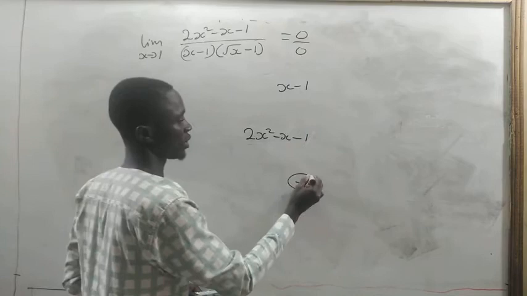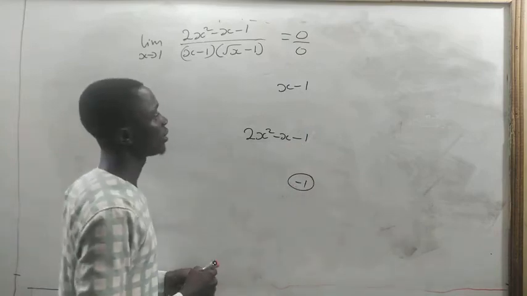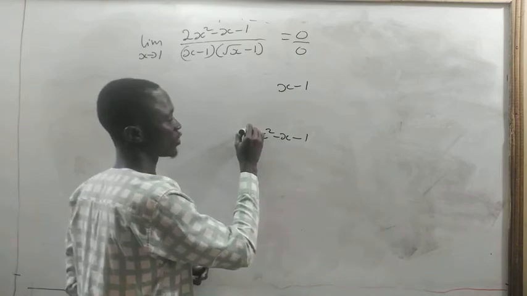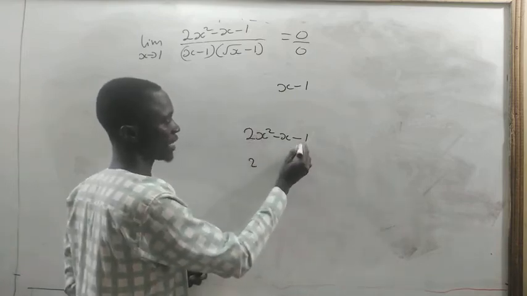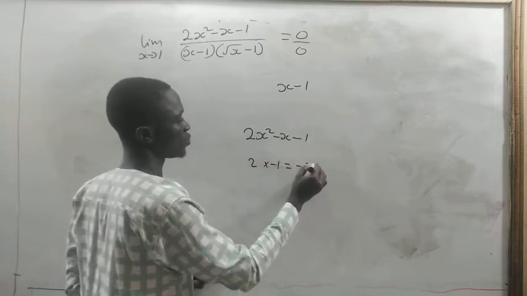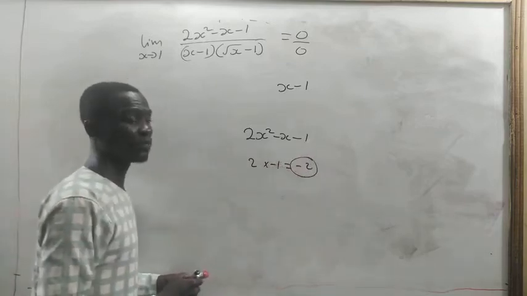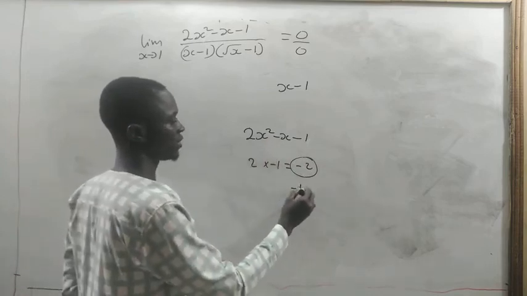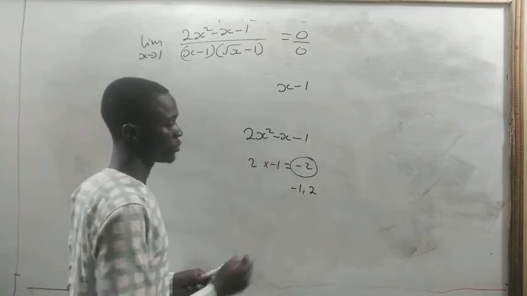We multiply the coefficient of x squared, that is 2, by the constant term, negative 1, to get negative 2. So we find the factors of negative 2 such that when we add them they give us negative 1.